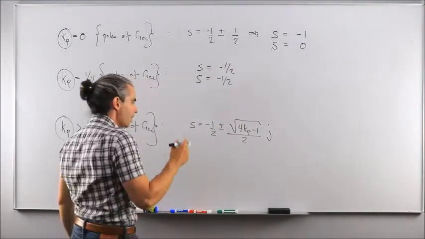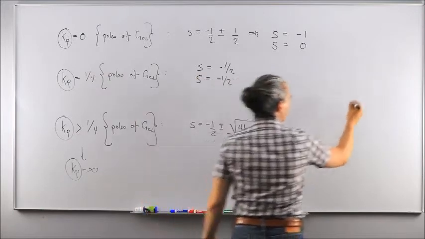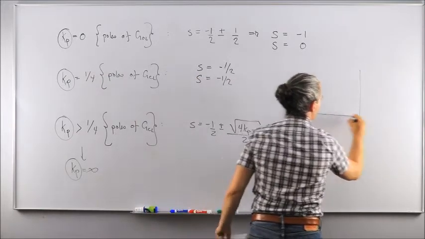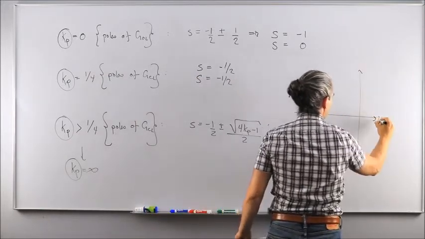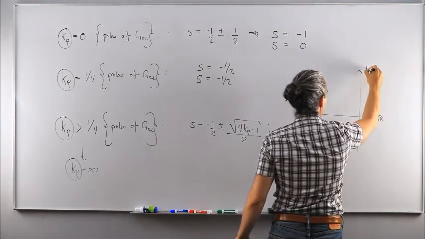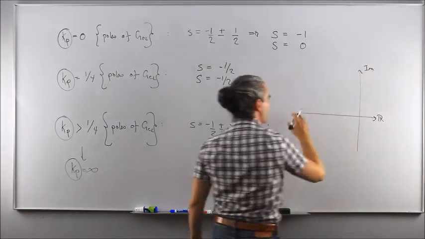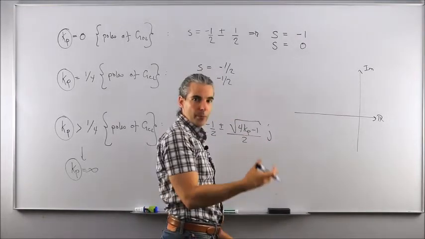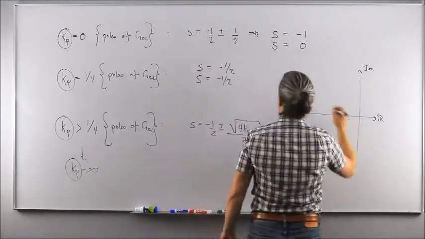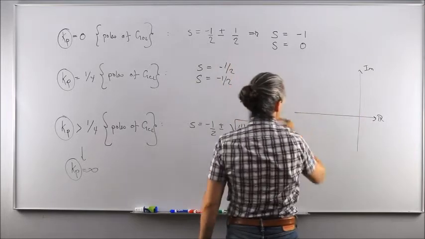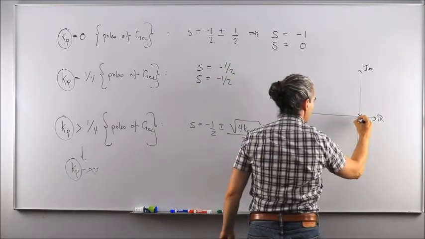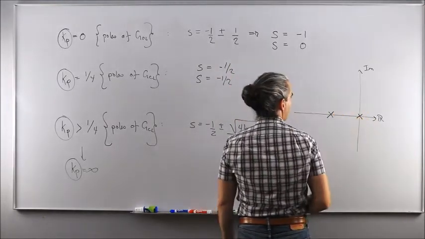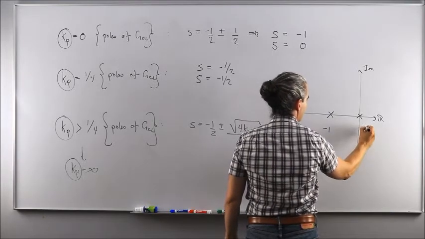So if you were to draw this on the complex plane, you not only now draw pole locations, but you want pole locations as function of Kp, so that you get essentially a map, okay? And you start at Kp equals 0, or you start at your open loop transfer function, at -1 and 0.